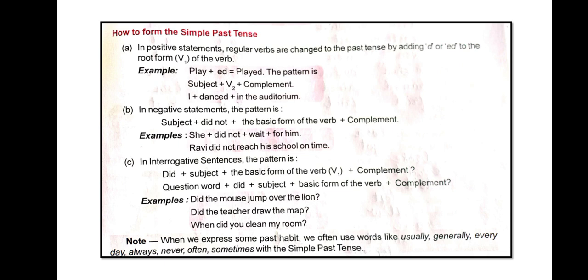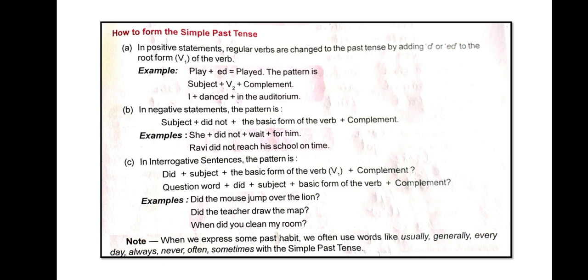So subject plus did not plus the basic form of the verb plus complements. For example, she is the subject, plus did not plus wait plus for him. She did not wait for him. Ravi did not reach his school on time. This way we can form the sentences.